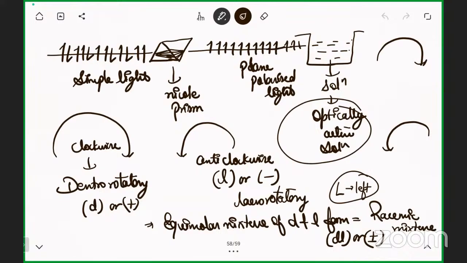If it turns left side, it is known as levorotatory. Dextrorotatory is denoted by D sign or plus sign. Levorotatory is denoted by L sign or minus sign. And the equimolar mixture, for example 50% dextro, 50% levo, is known as racemic mixture. The net rotation will be approximately 0. And when we separate the DL form, this is known as resolution. Clear this much?